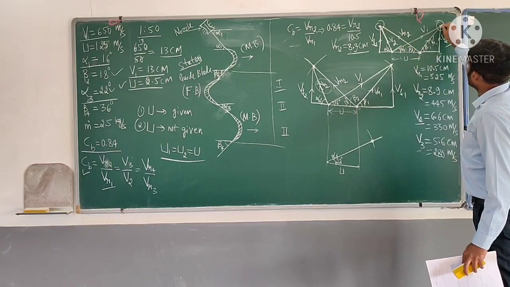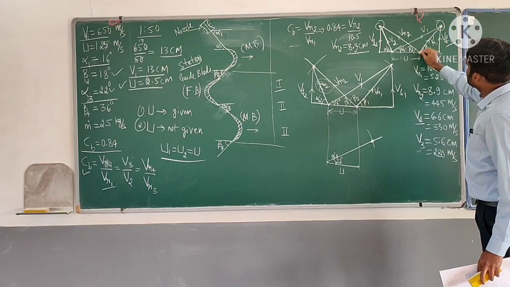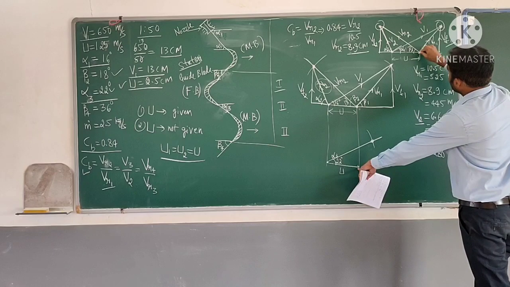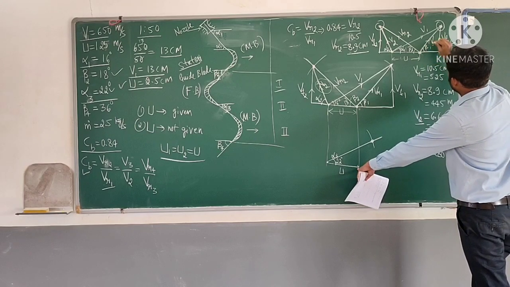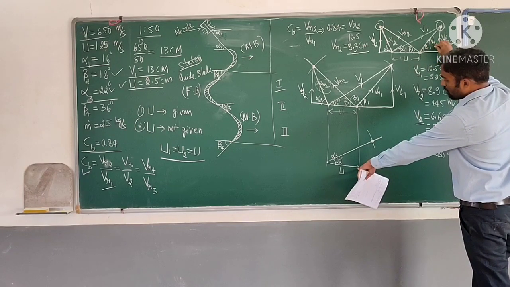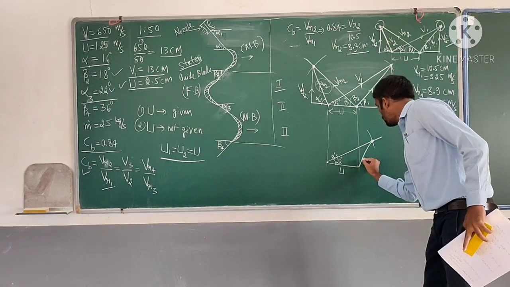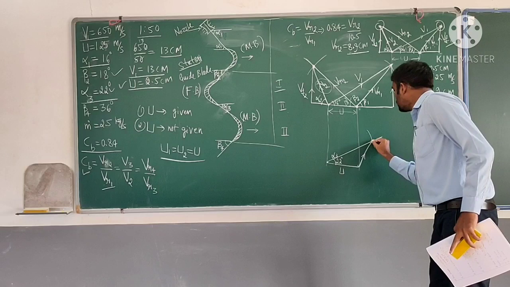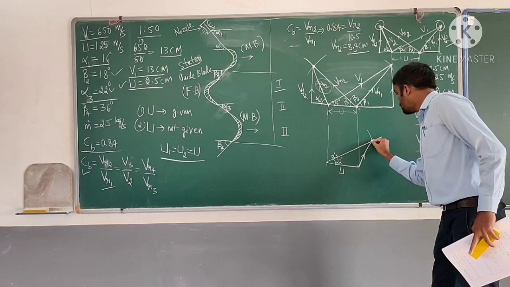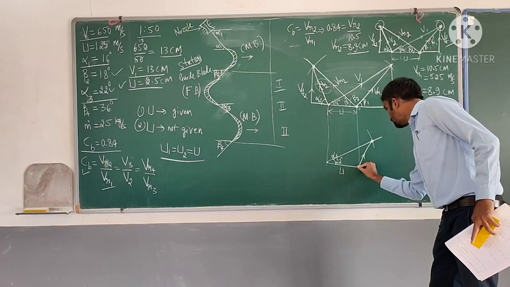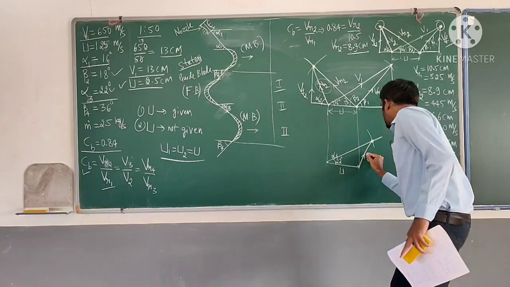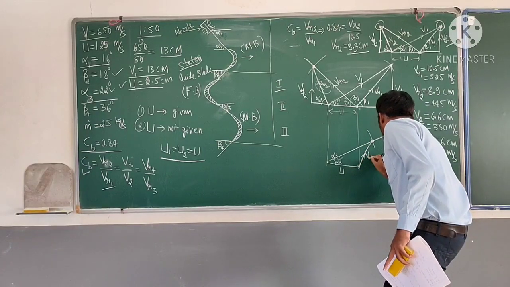From this point, if I join towards the other side of the line U, I will get VR3 here, just as I got VR1 and VR2 before. If I join this line, this is the intersection point. Once I get this intersection point, I just have to join the other point of U, so I will get this VR3.